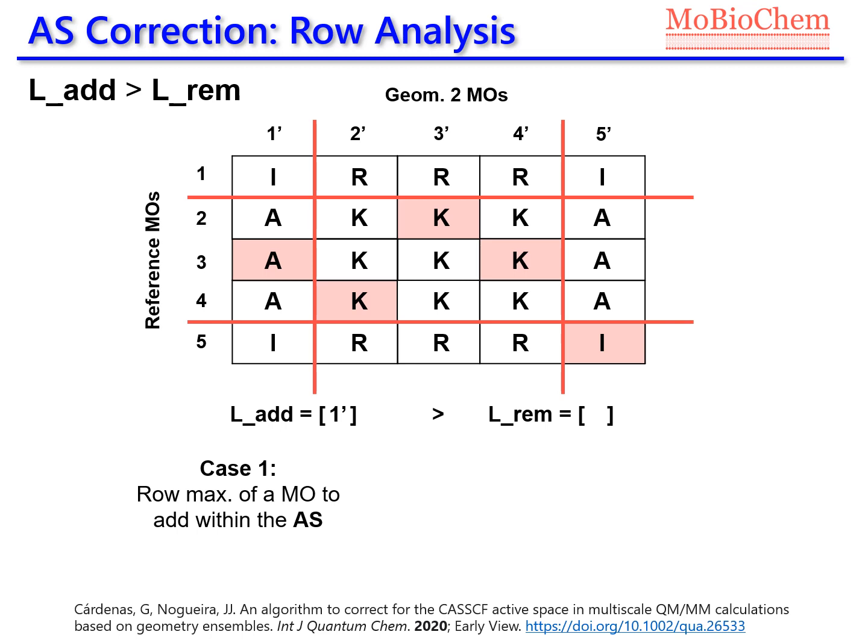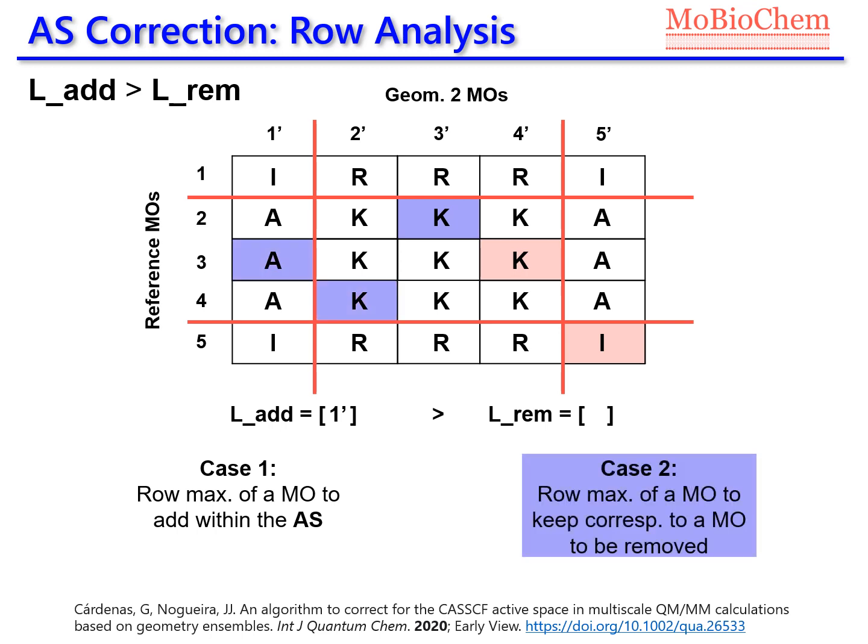Okay, so let us now see what could happen in another possibility of this case. Here we have one orbital in the LAT list and no orbital in the LRAM list. So we perform again the row-wise analysis, and in this case we see that, in particular for this 4' orbital within the sampled active space, its column maximum is here, but it does not correspond to the row maximum.